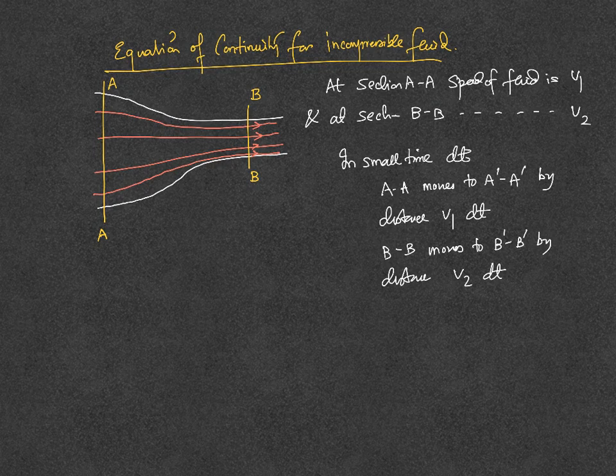So let's move AA to A dash A dash and BB to B dash B dash, and the distances moved are V1 dt and V2 dt.